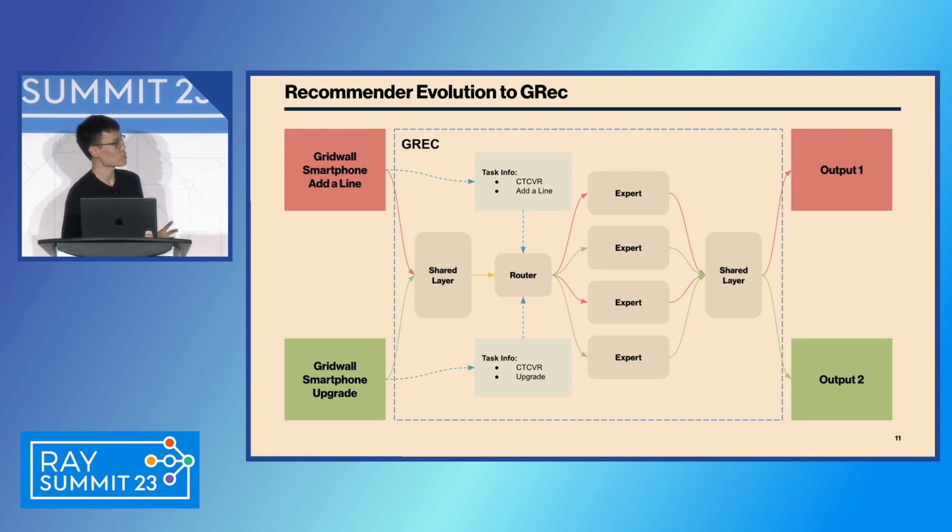The way we handle this is with a shared architecture that takes both use cases into the same model. And here we have this router structure, which dynamically routes different inputs into the corresponding experts during training time, to find the best experts.